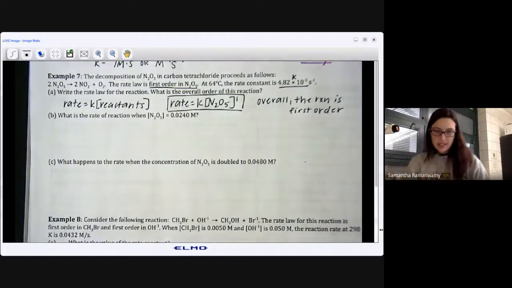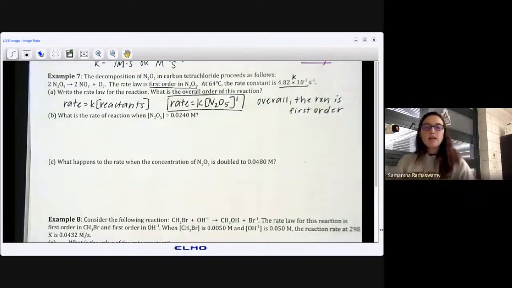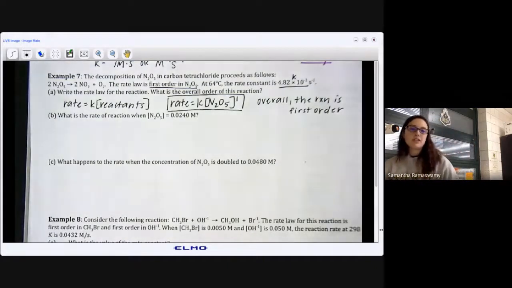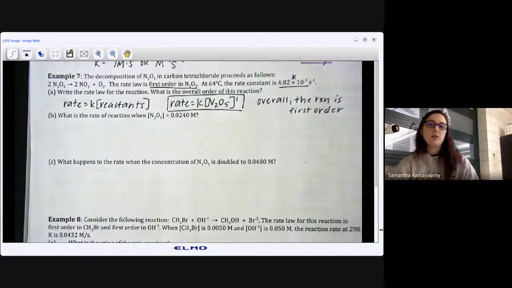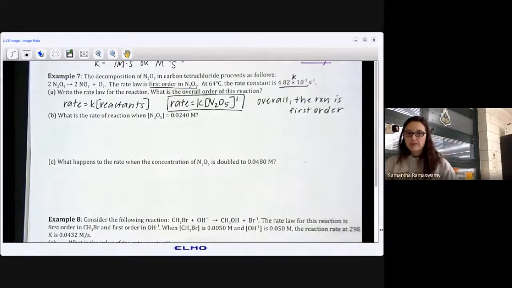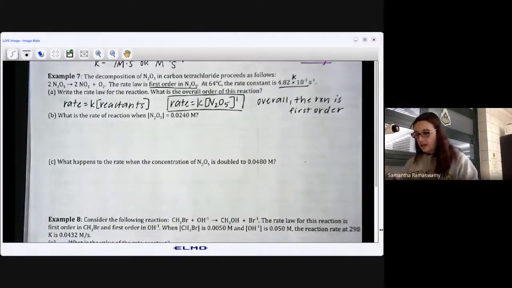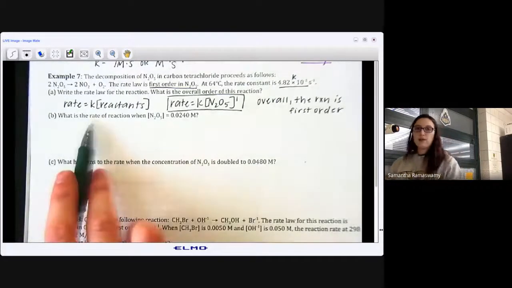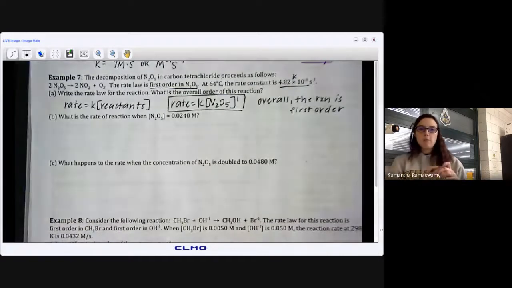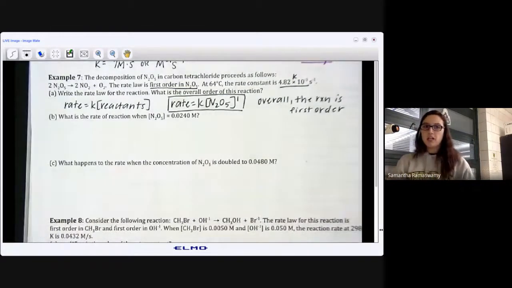Now part B says, what is the rate of reaction when the concentration of N2O5 is 0.024 molar? So now we're getting into some math. What's the rate of reaction? It wants us to actually solve for rate. When you are solving for anything, rate or concentration, you always use the rate law that is given.